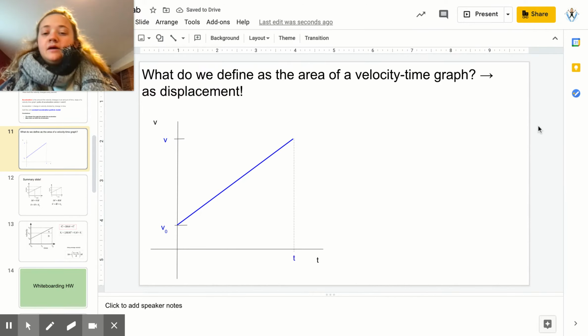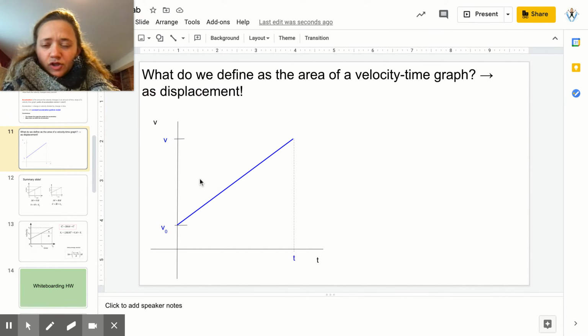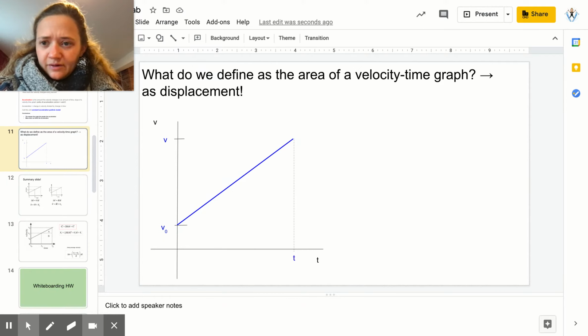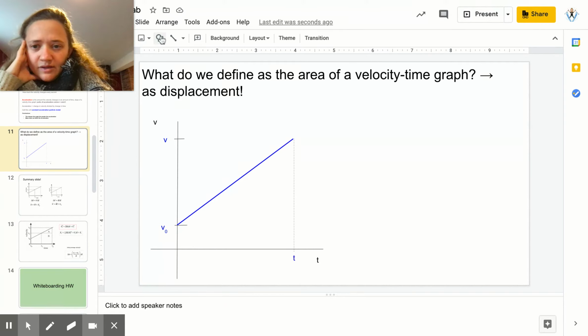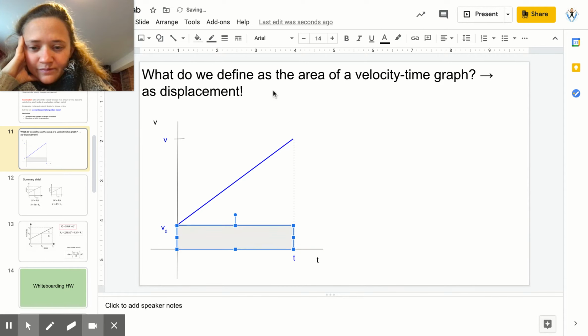So here in Unit 3, our velocity graphs don't look like horizontal lines as they did in Unit 1, but they look linear. And so how are we going to find the area of a linear graph? Well, just like we did back in Unit 1, we can find the shapes that make up our graph.